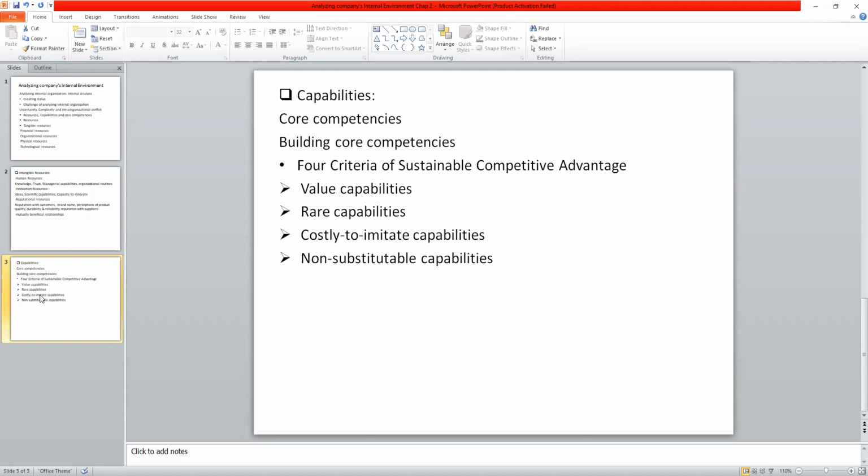Critical to the building of competitive advantage, capabilities are based on developing, carrying, and extending information and knowledge through the firm's human capital. Capabilities often evolve and develop over time.